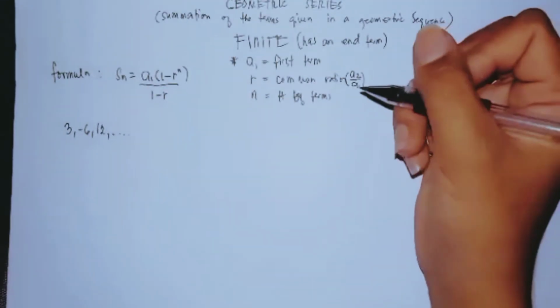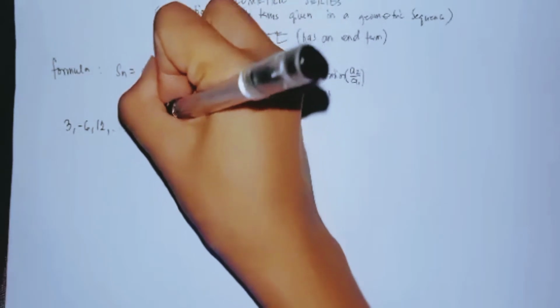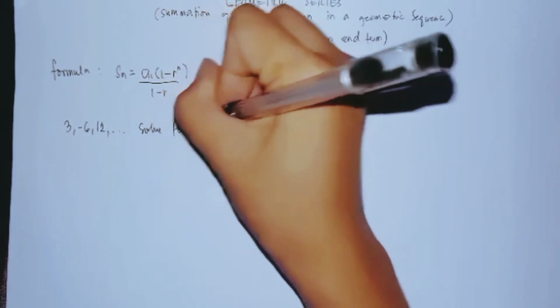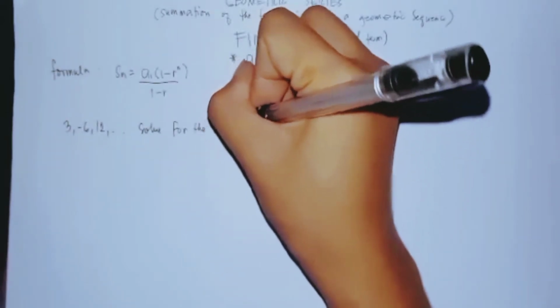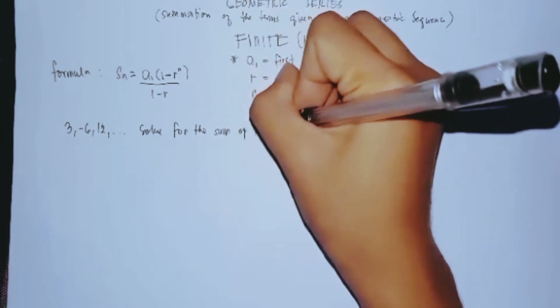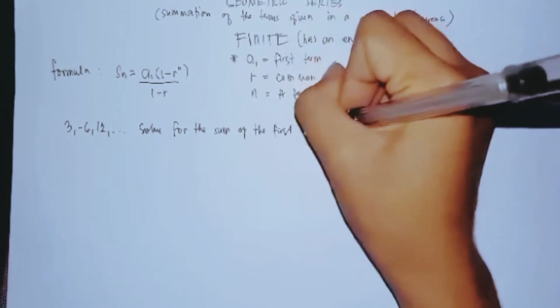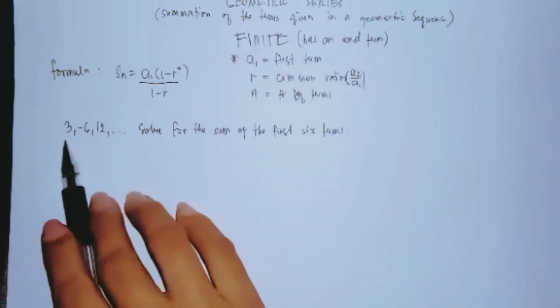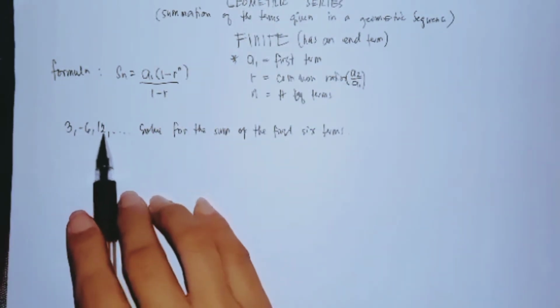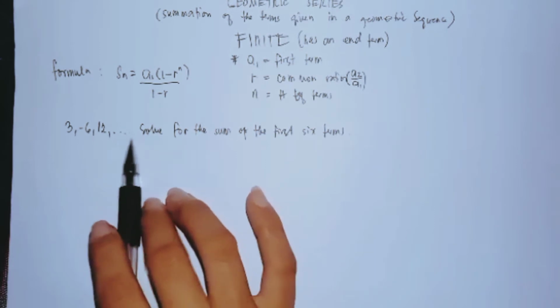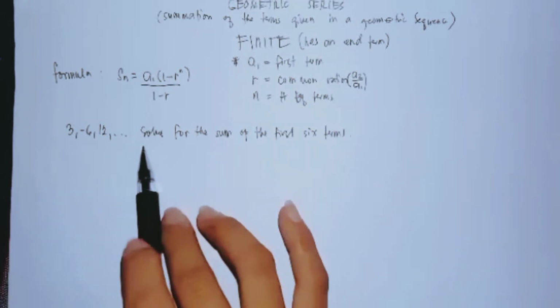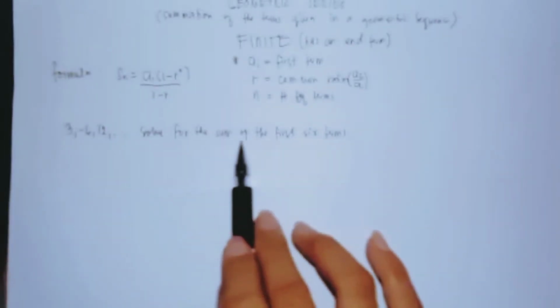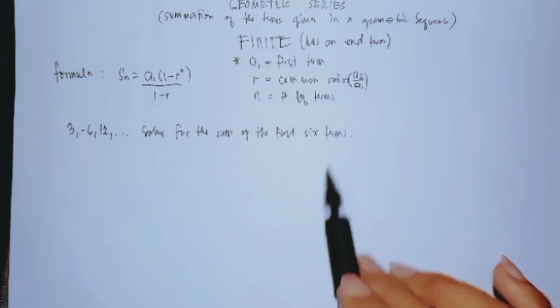Tapos, sabi niya, find or solve for the sum of the first 6 terms. Given 3, negative 6, 12, tapos meron pang mga susunod na terms dito. And then, sabi niya, solve for the sum of the first 6 terms.